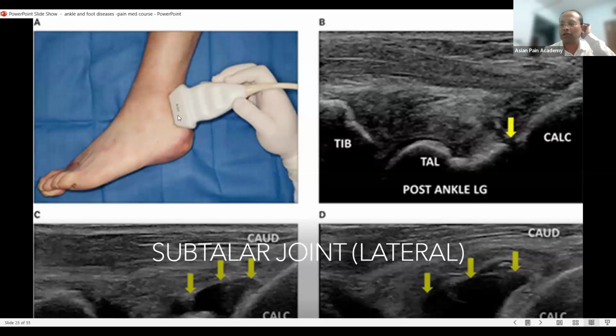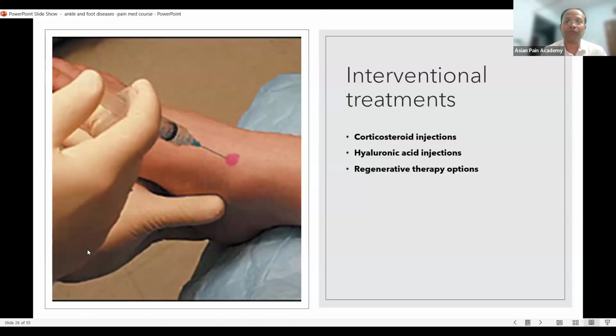Meaning posterolateral, posteromedial. This is the posterolateral side we are seeing. Here we can see the tibiotalar and subtalar joints both, and we can see a lot of effusion in the lower picture. Actually, it is not fully seen, but it is the effusion you can see.